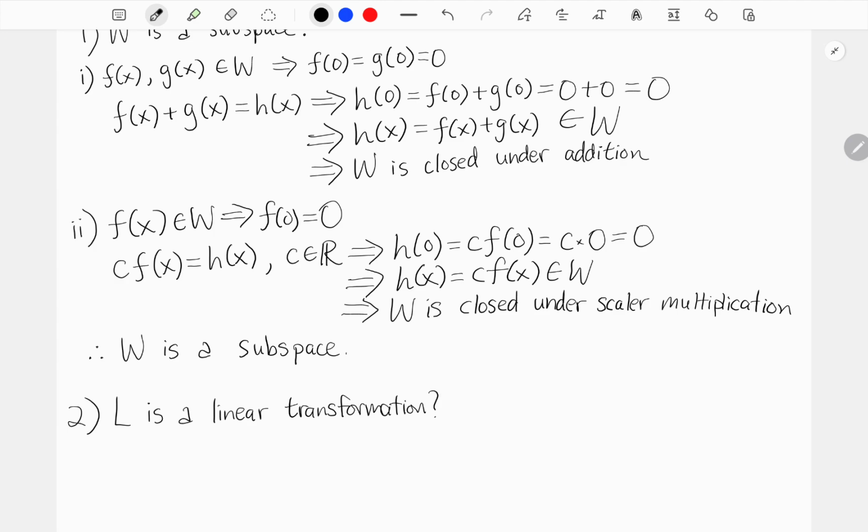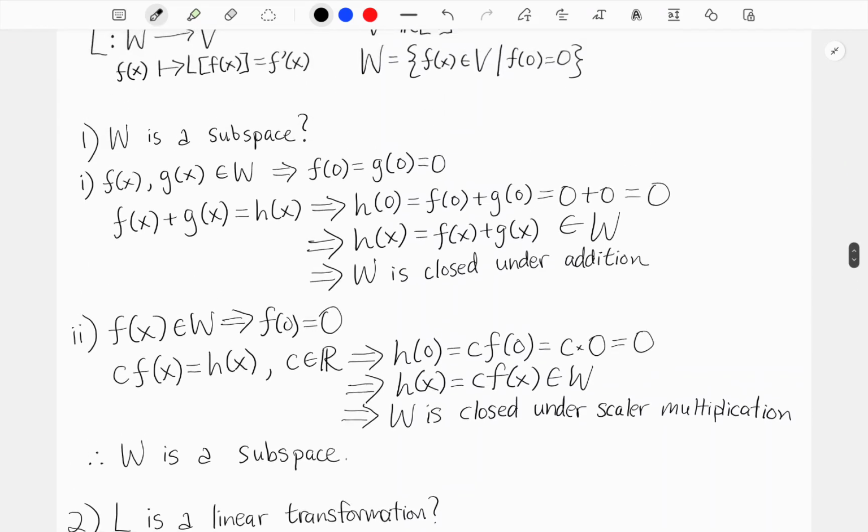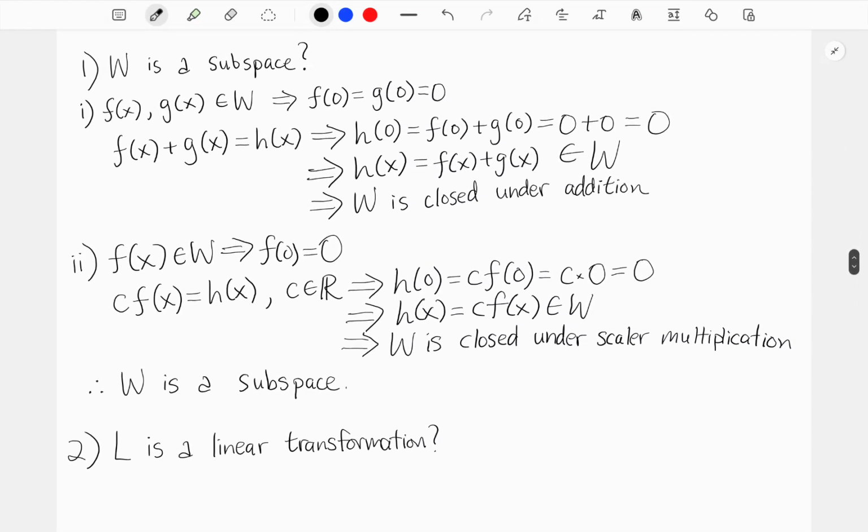What does it mean to be a linear transformation? This means that it must respect addition and scalar multiplication.